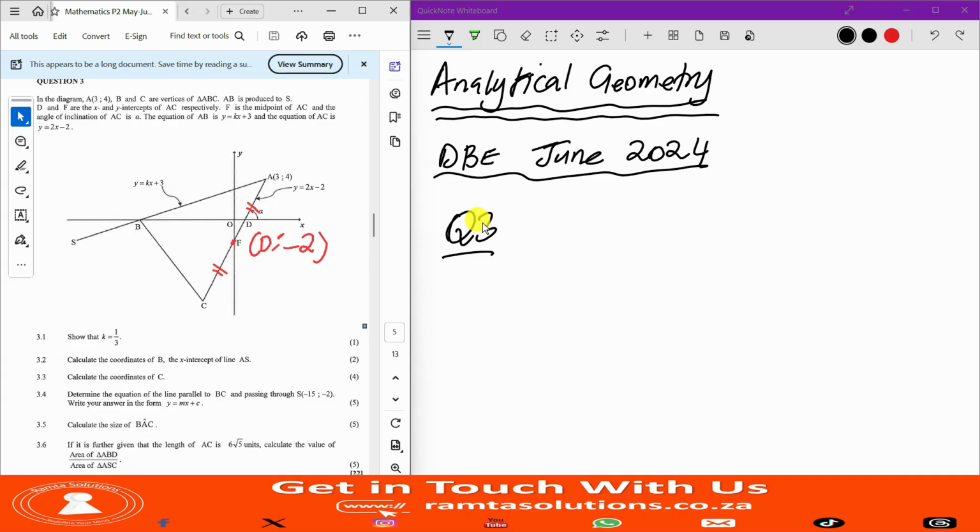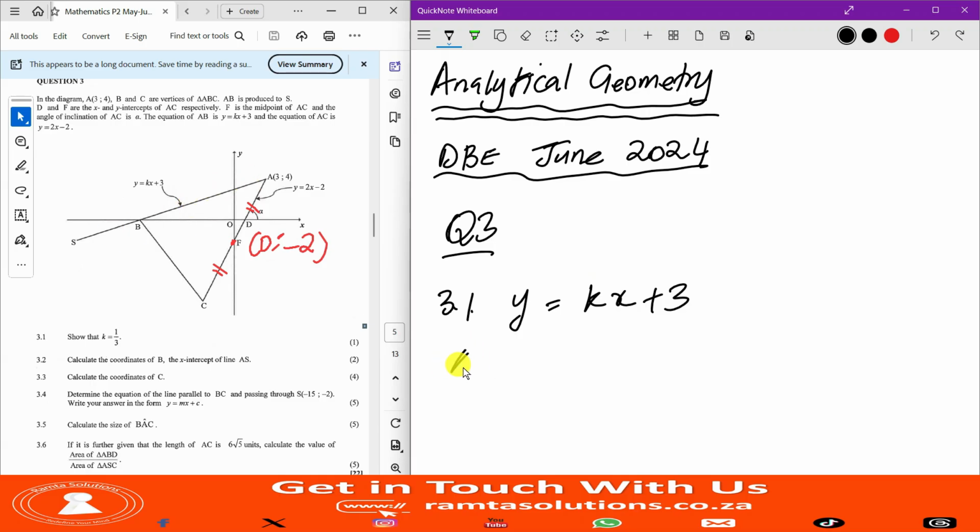Proceeding, question 3.1 says, show that k is equal to 1 over 3. So k is the gradient of line AB. We have y = kx + 3. Do we have a point given on the line?